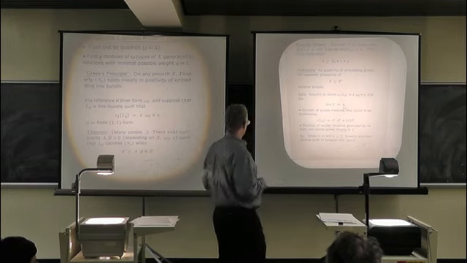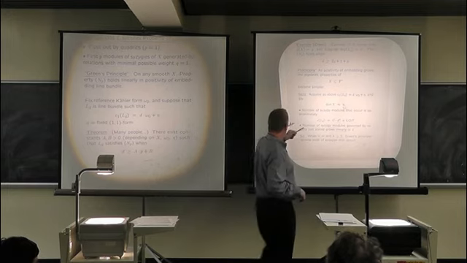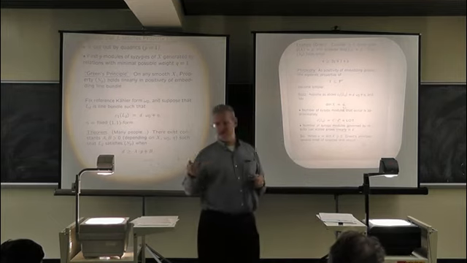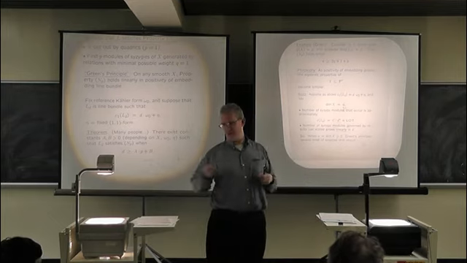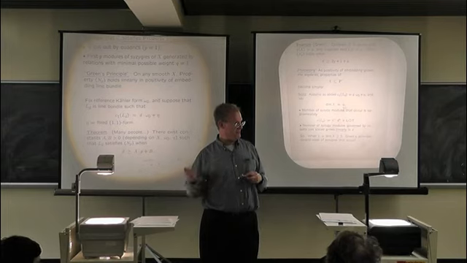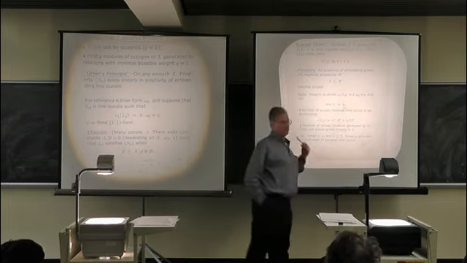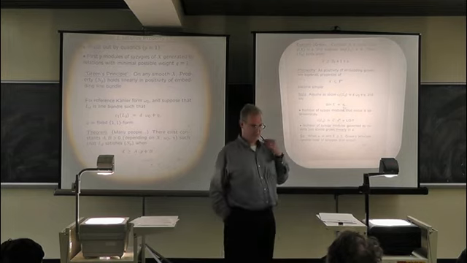How did we choose this embedding? We had to pick a basis for the space of sections of L sub d. So really what I'm asking here is how many sections does L sub d have?